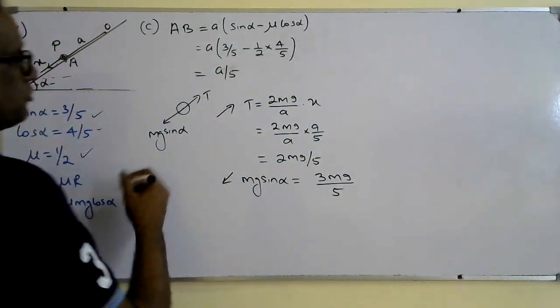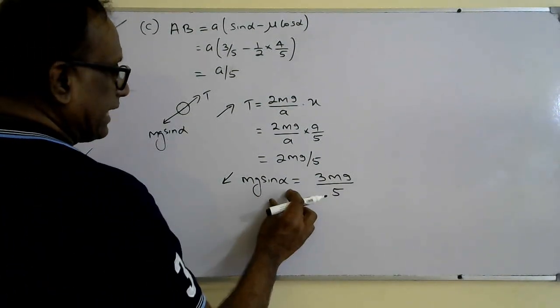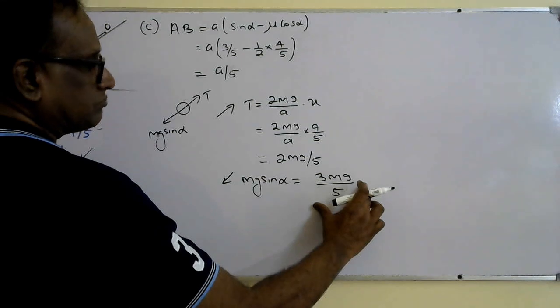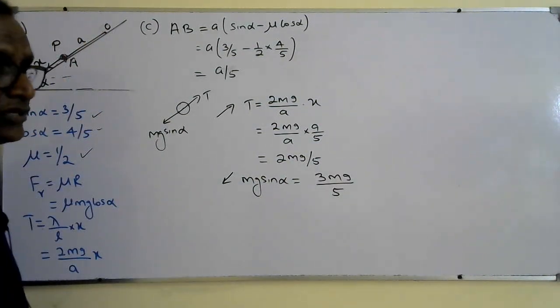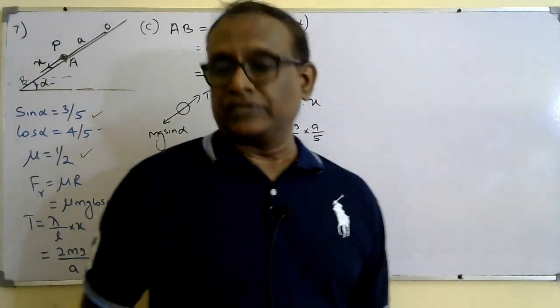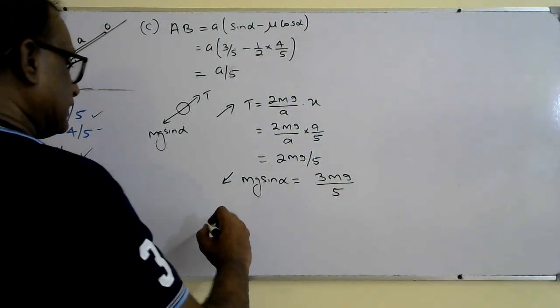When we consider these two forces, tension and mg sine alpha, mg sine alpha is 3 mg over 5, which is greater than 2 mg over 5. So it looks like it could slip further. But if it tries to slip further, there will be friction in the upward direction.